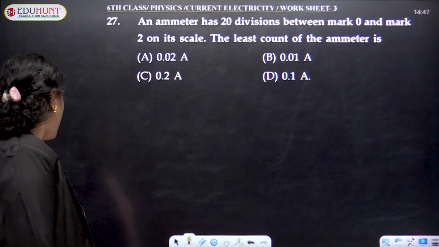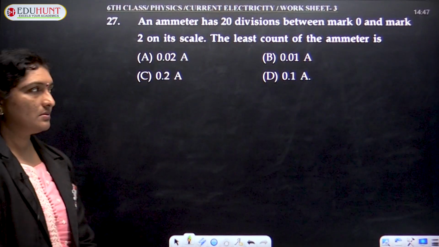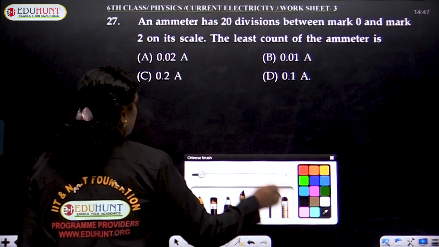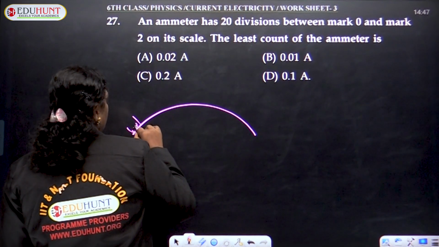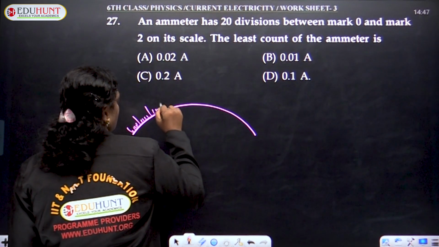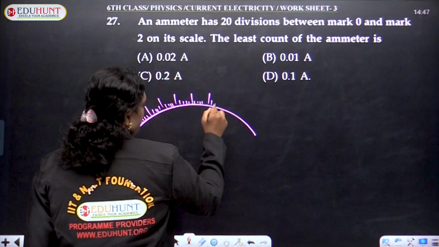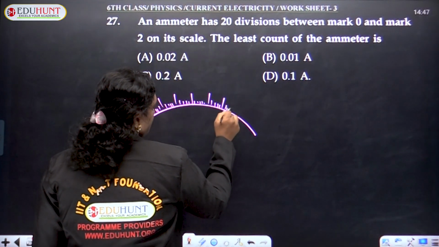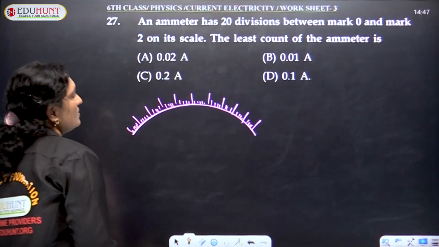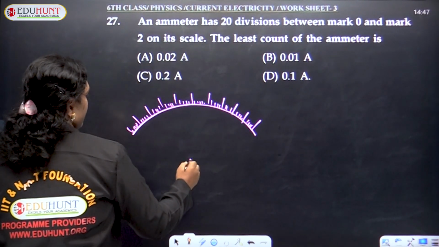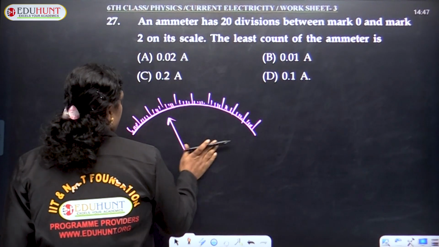Now, the last question. An ammeter has 20 divisions. So how does an ammeter look like, children? Something like this. An ammeter looks something like this, indicated with the letter A, and it has a pointer to indicate the readings.